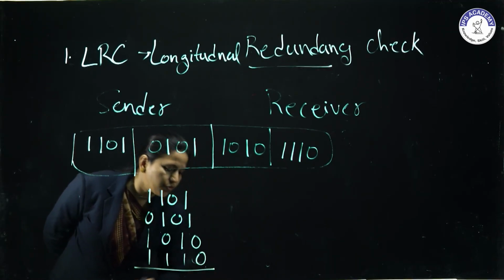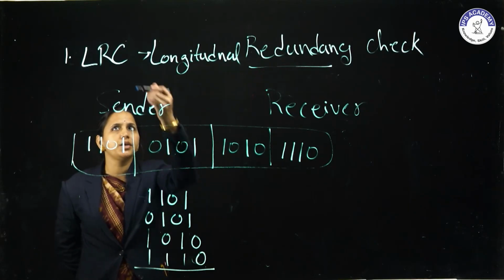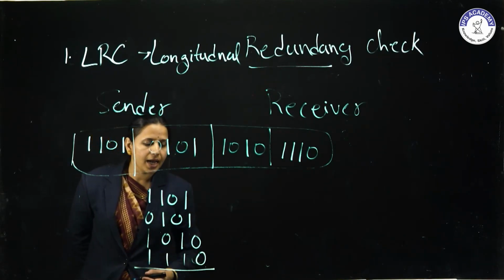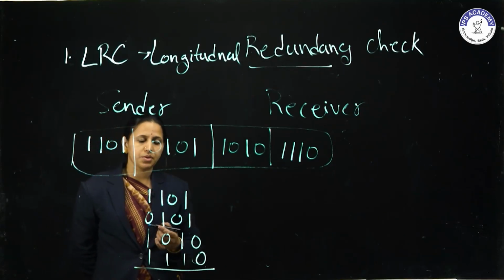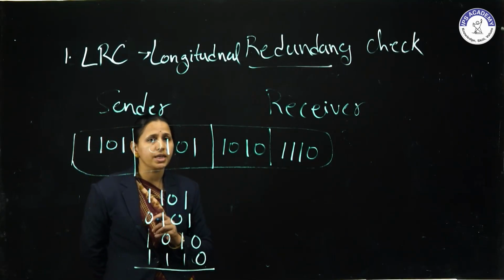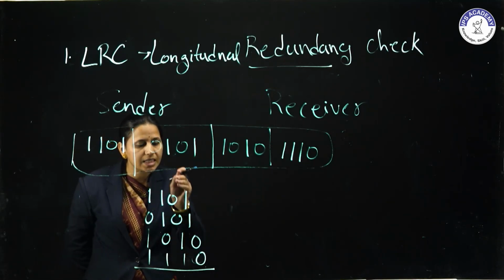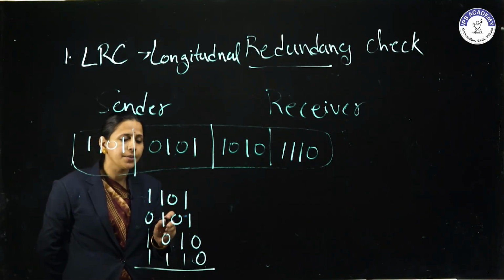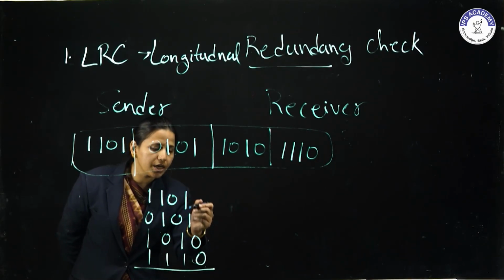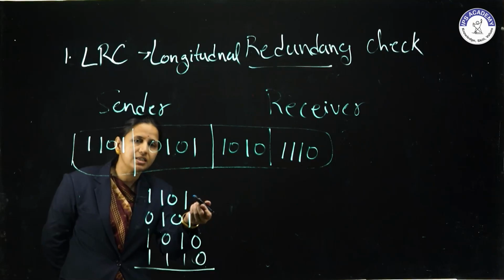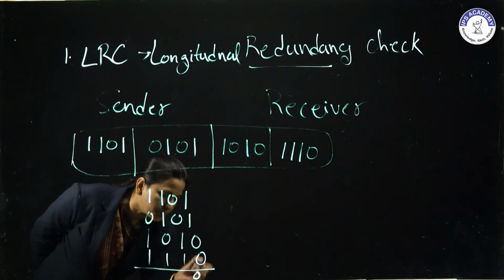For these 4 words, we need to calculate the redundancy bits using the concept of LRC. In this case we are also using even parity, and we check the even parity for each column. There are 4 columns. In the first column there are only 2 ones, which is even, so we use a 0.